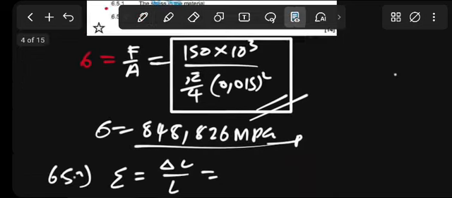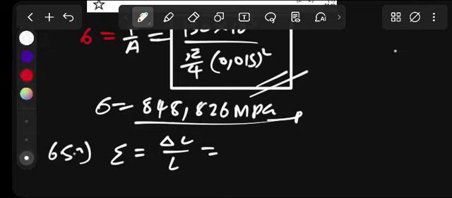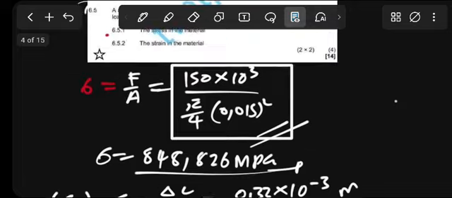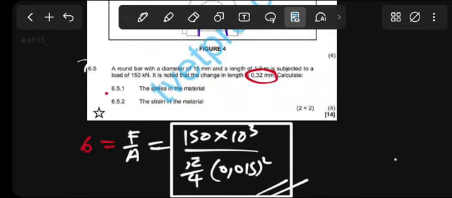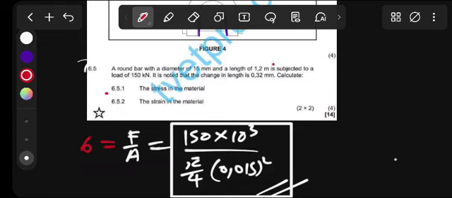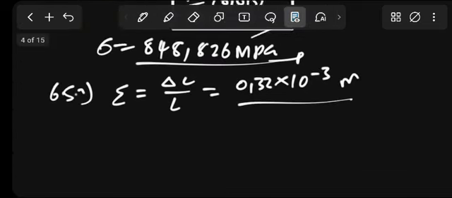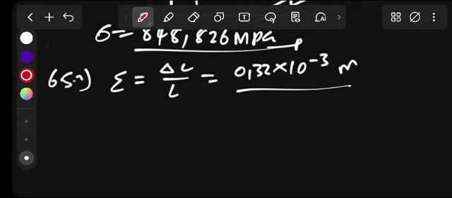To become meter, multiply by 10 to the power of minus 3. Then divide by the original length, which is 0.2 meter.